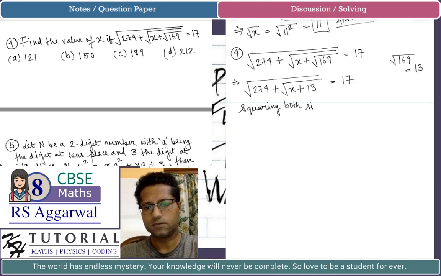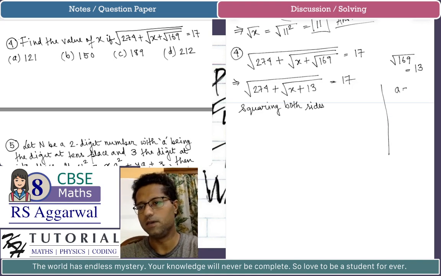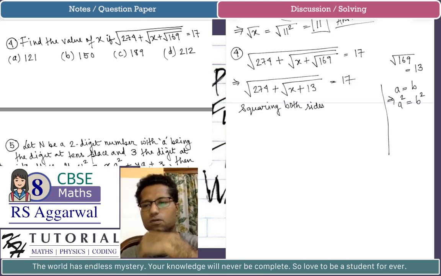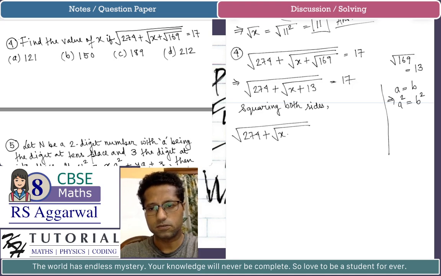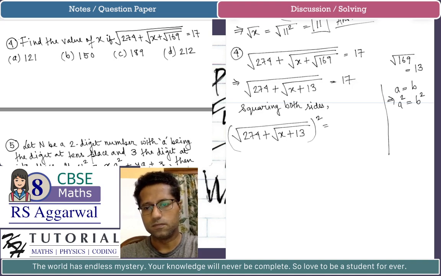Squaring both sides means if you have, for any constant numbers a and b, a equals b, you can always say that a square is equal to b square. So squaring both sides, we get 274 plus square root of x plus 13, whole square, is equal to 17 square, and 17 square is equal to 289.